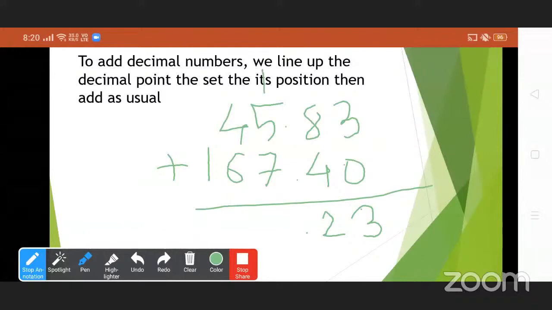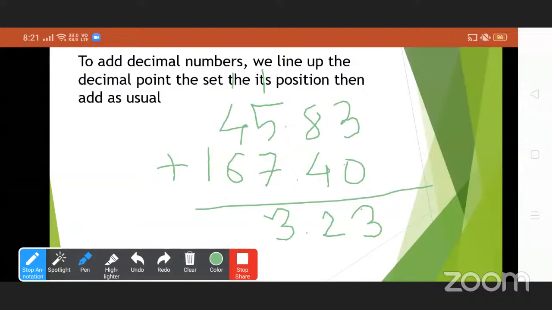Then 5 plus 7 is 12, and plus 1 is 13. So we will write here 3 and carry over 1.